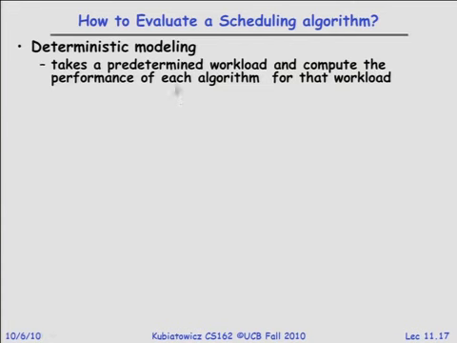Now, the problem with modeling is coming up with a mathematical description of an ad hoc, complicated scheduling algorithm is not an easy thing to do. Maybe the lottery scheduler is something you could model pretty easily. But the multi-level scheduler is probably not something you could easily model mathematically.